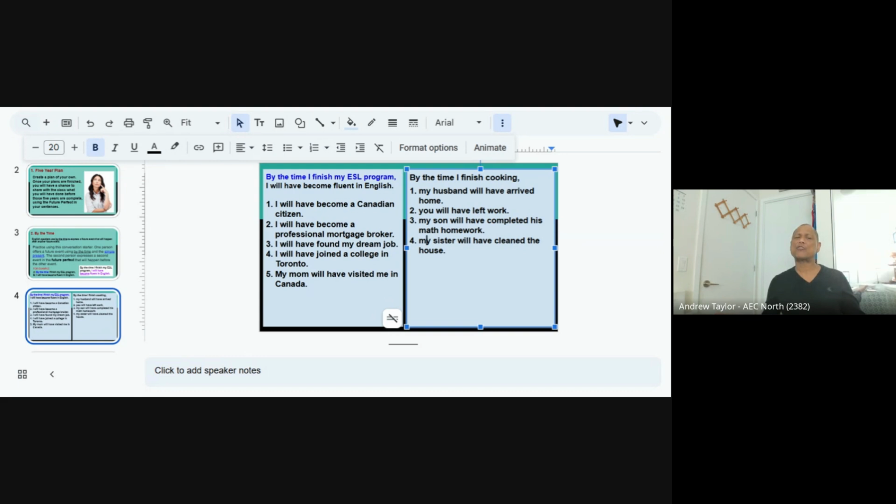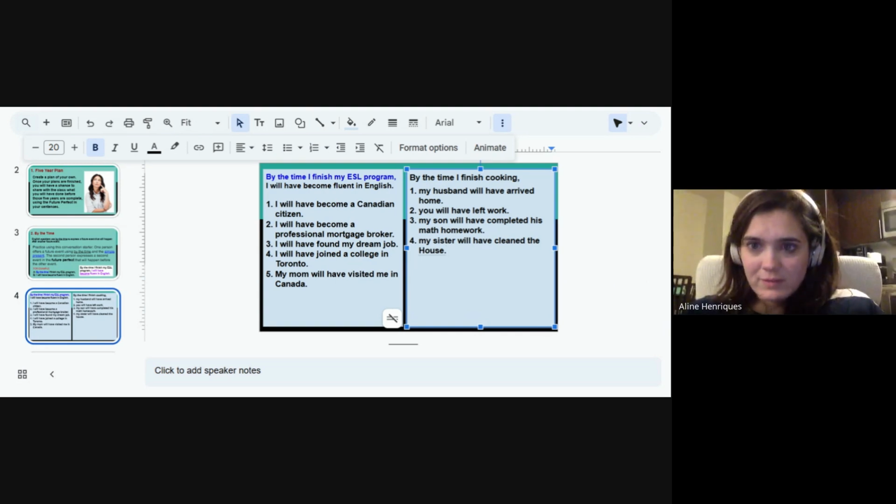I just explained it to you earlier that the action that will finish first will turn to future perfect. I told you this, right? And the action that will finish next or second will become simple present. Remember this?